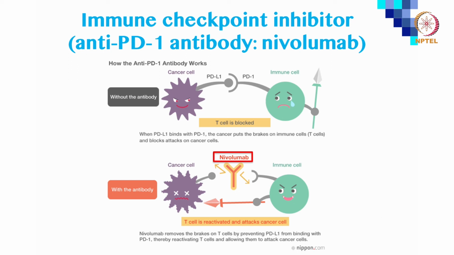Nivolumab is an anti-PD-1 monoclonal antibody and removes the brakes on T cells by preventing PD-L1 from binding with PD-1, thereby activating T cells, allowing them to attack cancer cells.